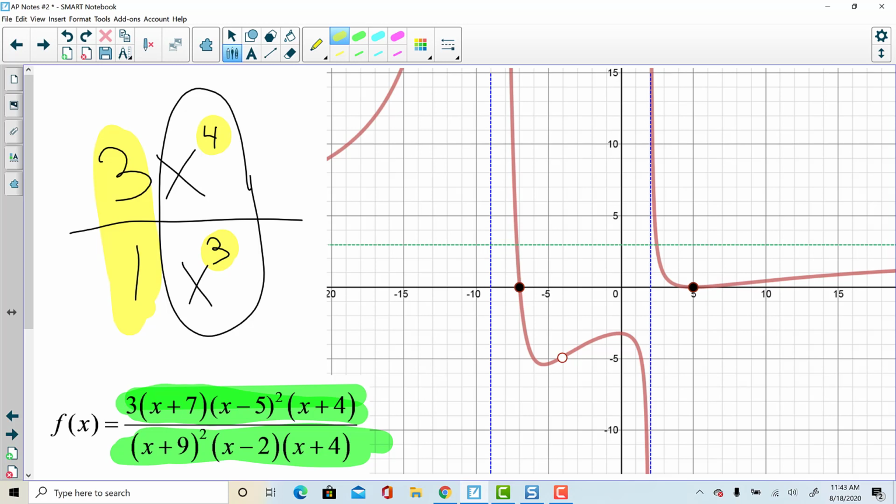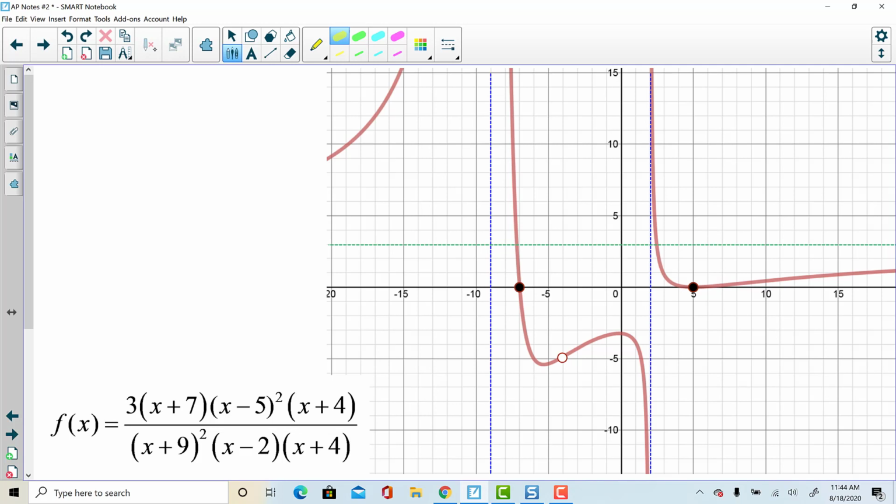You would ignore the remainder, but whatever you get for your answer when you do long division is your slant asymptote. Okay, that was a review of all 3 cases, but remember what we have is the same power. We have x to the 4th on top, x to the 4th on the bottom. So we would take the leading coefficients, and that would be your horizontal asymptote. So y equals 3 is our horizontal asymptote. That's that green line right there.